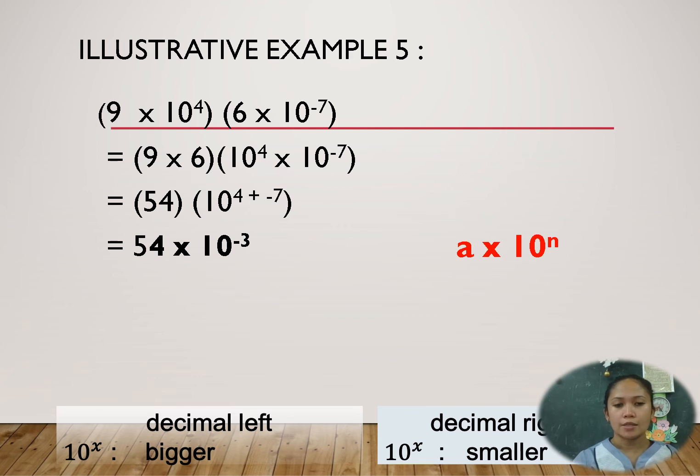However, take note of our first factor here, it's 54. And remember in scientific notation that our first factor should be greater than or equal to 1 but less than 10. In our case here, 54 is greater than 10. That does not satisfy our condition.